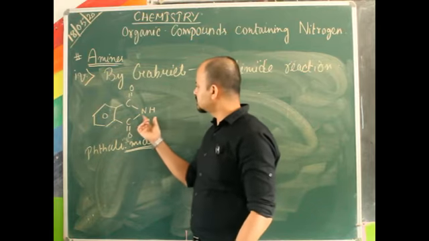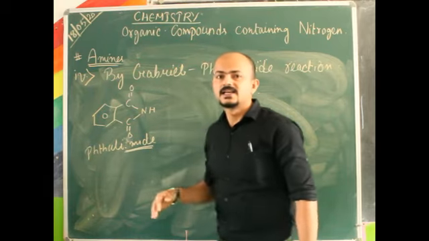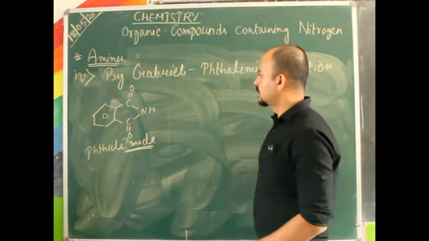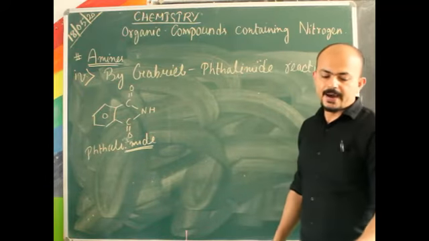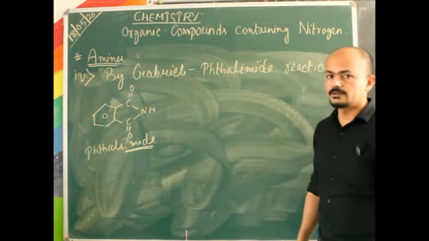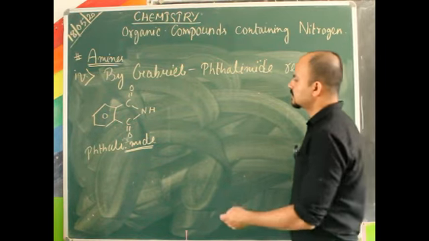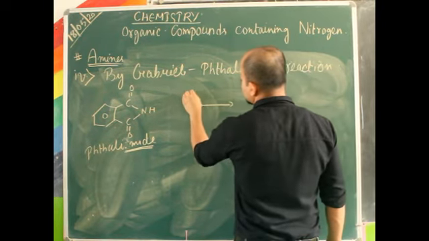Now, why is this known as Thermite? Amide group is present. See, NH, C double bond O. C double bond O is attached to what? NH. Therefore, this is known as what? Amide group. Now, whenever this Thermite is treated with alcoholic KOH, how does the reaction take place? Please look at it.